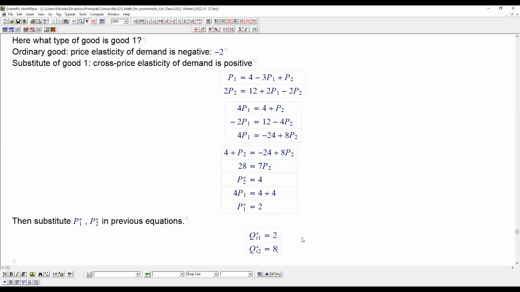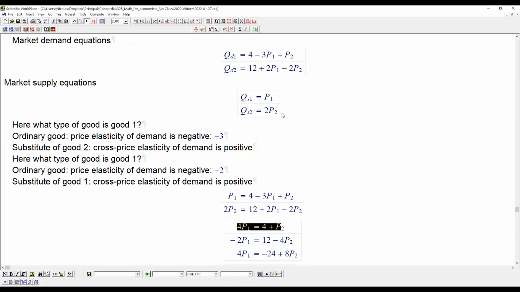Why does 4P1 equal 4 plus P2? From this, I copied this here. 4 minus 3P1 plus P2 equals P1 here. So then adding 3P1 on both sides, I get 4P1 equals 4 plus P2. Right?